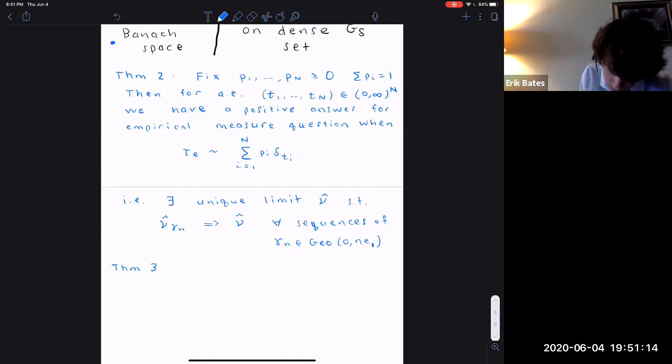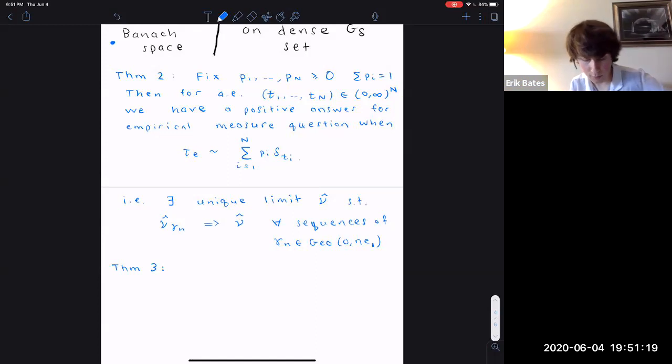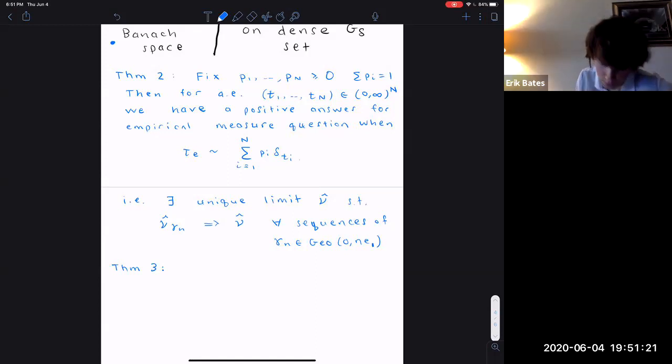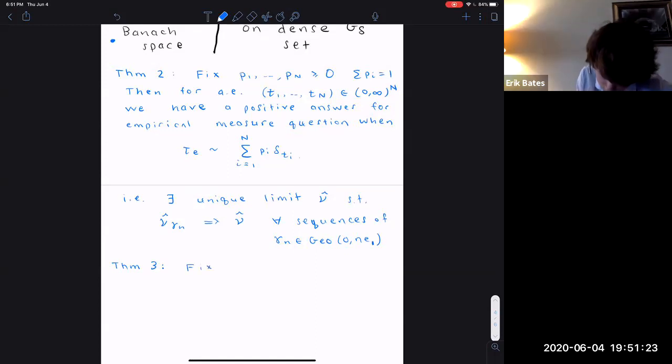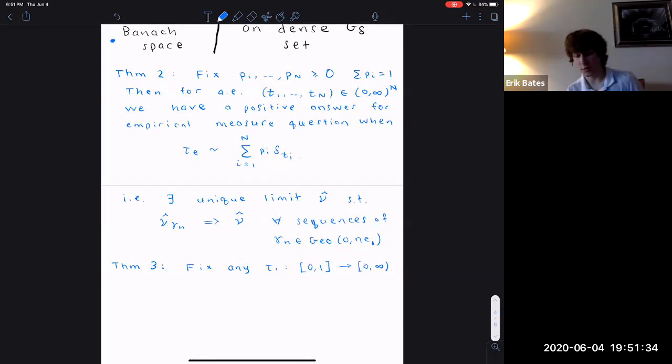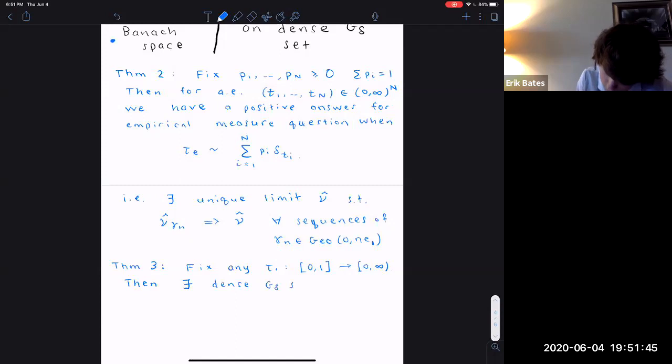So here's a kind of theorem we can get from this black box. Namely, I'm going to fix any measurable function tau naught. This is just a measurable function from the unit interval to the positive half line. Then there exists a dense G delta subset.